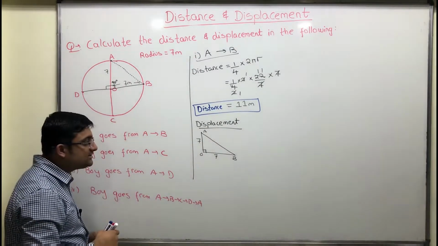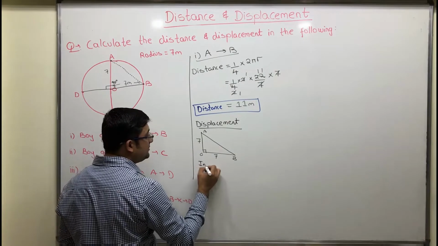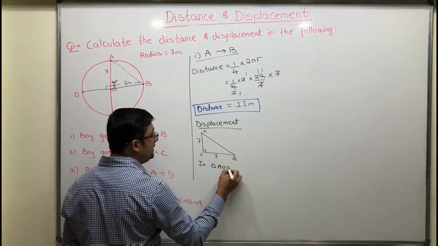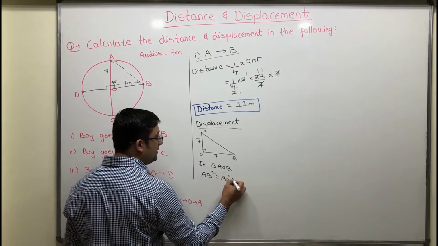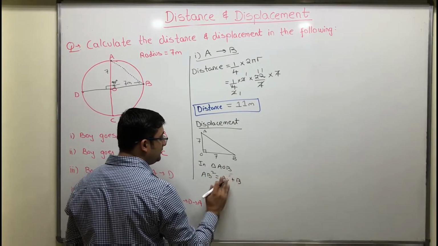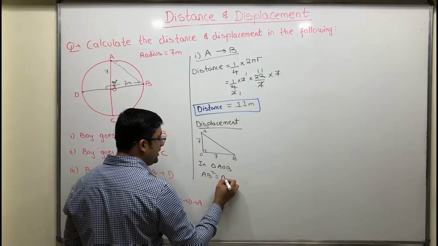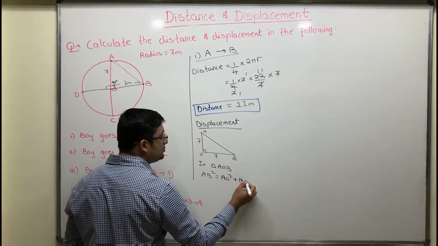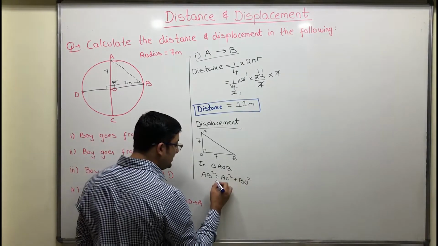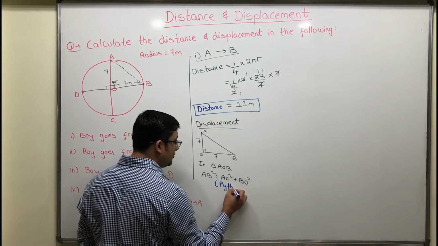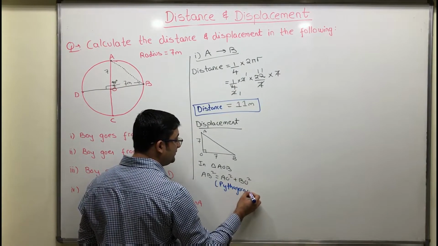So we'll apply Pythagoras and get the answer. So in triangle AOB, we have AB square is equal to AO square plus BO square. And which property is this guys? Pythagoras. So do mention over here guys, Pythagoras theorem. Or you can just say Pythagoras property.